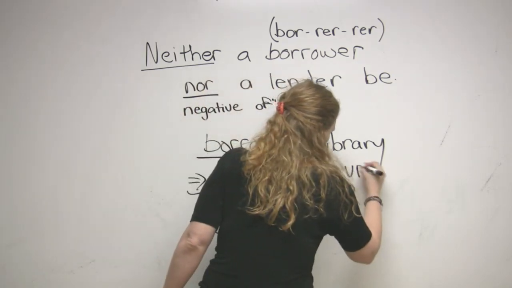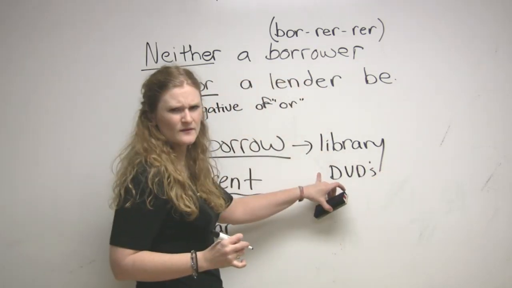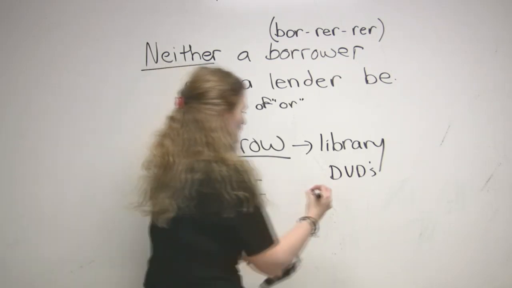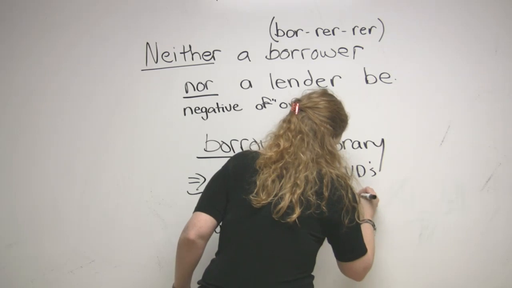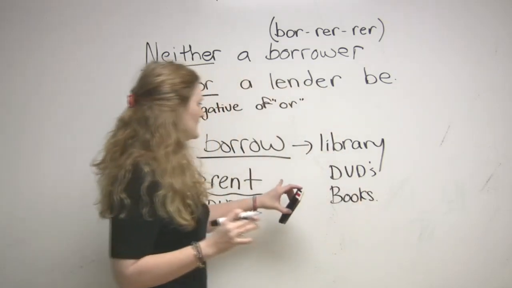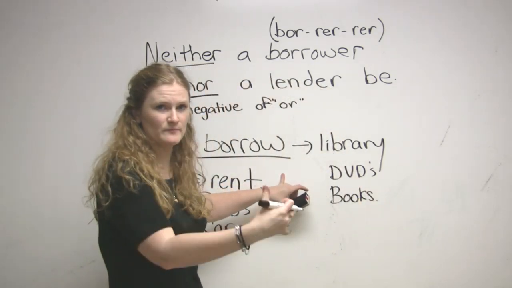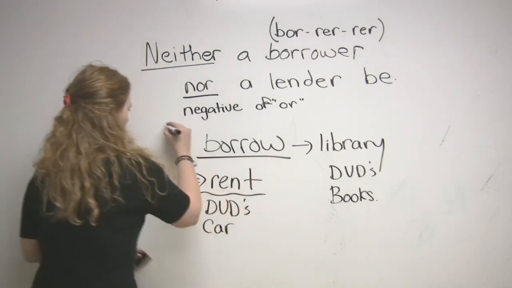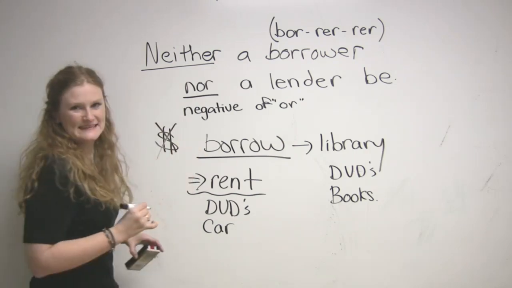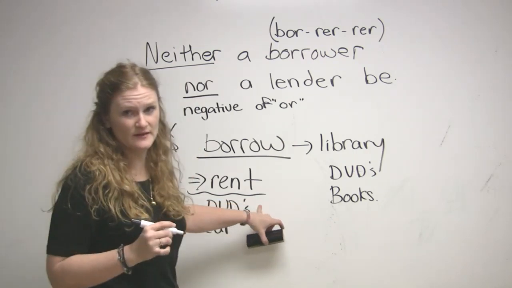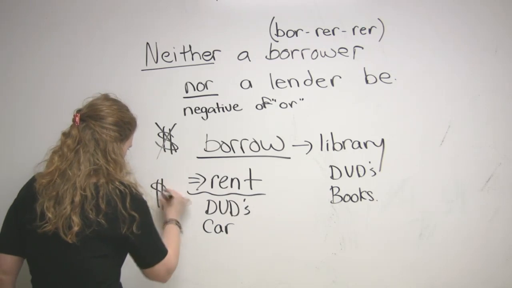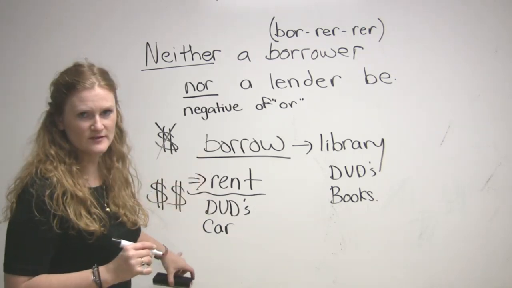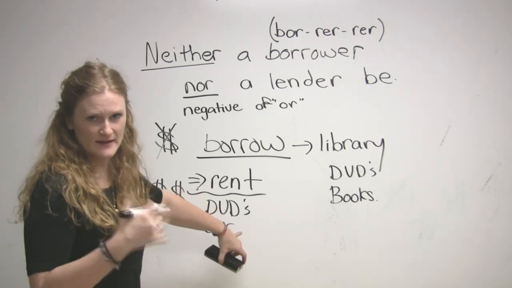What else can you borrow at a library? You can borrow books. So an easy way to remember the difference between borrow and rent is borrow is no money. However, when you rent something, they usually want lots and lots of your money. Okay? So these are the differences between borrow and rent and lend.